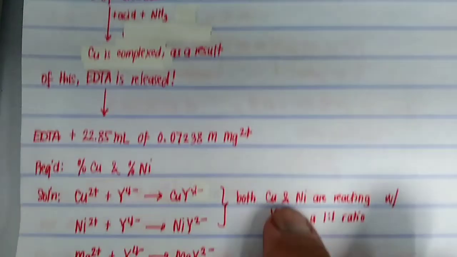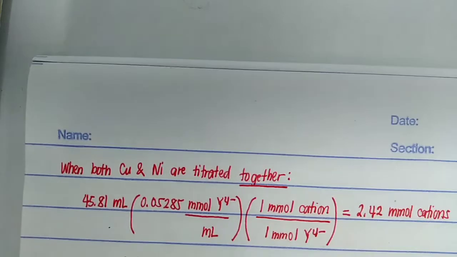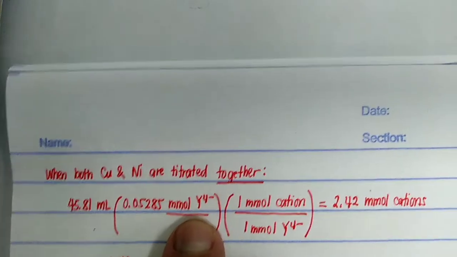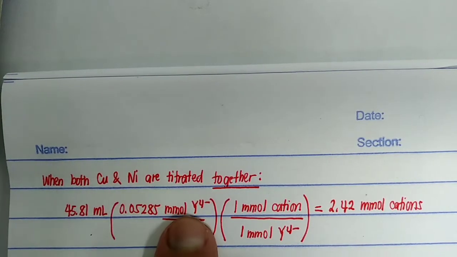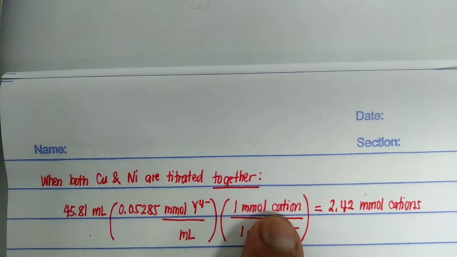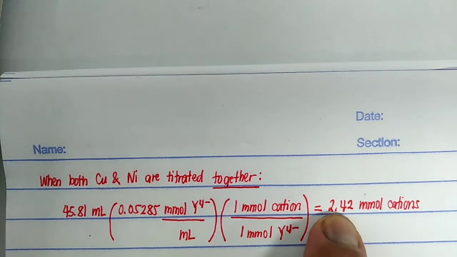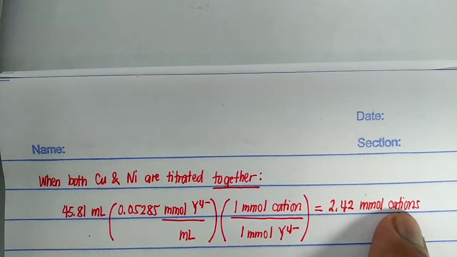Now if I look back at the equations that I wrote, I took note that both the copper and the nickel react with the EDTA in a 1:1 ratio. So the number of moles of EDTA that I have in here when I titrated both copper and nickel together is related in turn to how much of copper and nickel are present in there. So there should be, from my calculator, 2.42 millimoles of cations present in my aliquot.